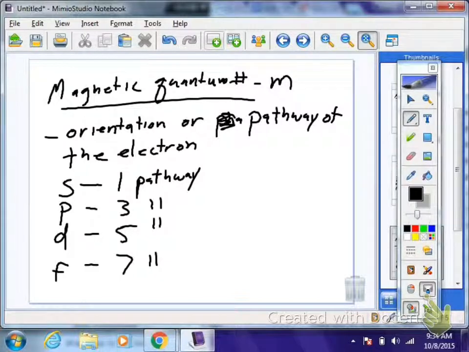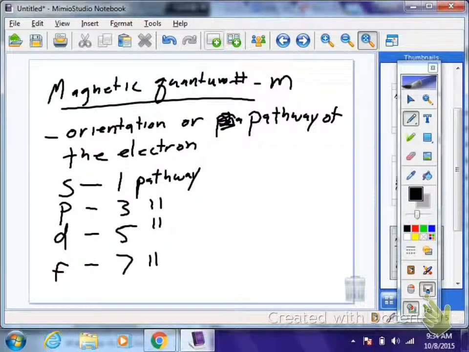When we put them all together, we have the same shape, but 3 different pathways around the center, the nucleus. Same shape, 3 different pathways. So when I talk about pathways, the electrons are not occupying the same space, but they have the same shape. Any questions with that? That's orientation. That's what we're talking about.